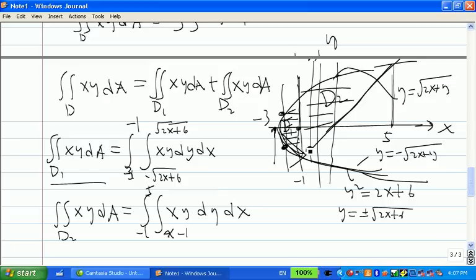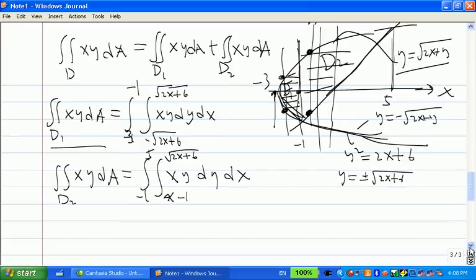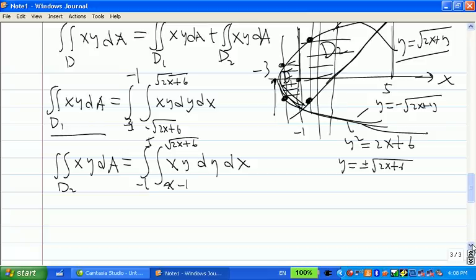For given x, y is bigger than x minus 1 and less than that point, which is on the curve y equals the positive square root of 2x plus 6. I'm not going to integrate this. If you integrate it and add those together, you're supposed to get the same number. For this problem, obviously, the first one is easier to integrate.